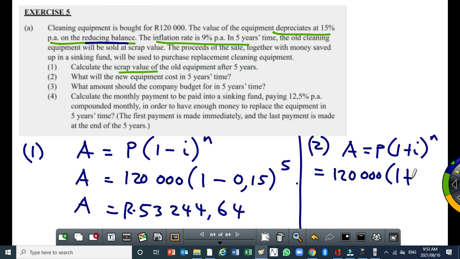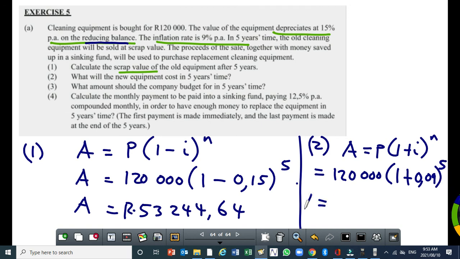We want to know what is the value of the asset when it's brand new in 5 years' time. So we use the inflation rate. I'm sure you can see that in the question we are given two rates. We have depreciation rate, we use that for the reducing balance formula. Then the inflation rate, we use it for the appreciation formula. So here we will put 0.09. And our number of years is 5 years.